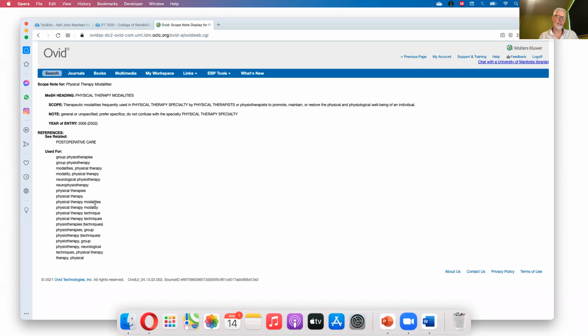And all of these terms sort of describe physical therapy modalities, right? So if a paper is about physical therapy modalities and it used any one of these terms, that third-party person that I mentioned earlier is going to give that article this subject heading of physical therapy modalities.